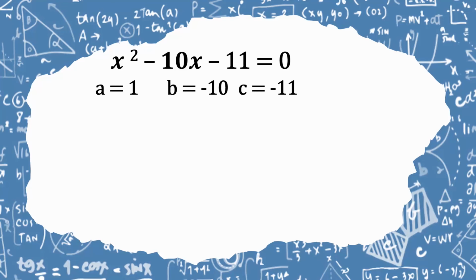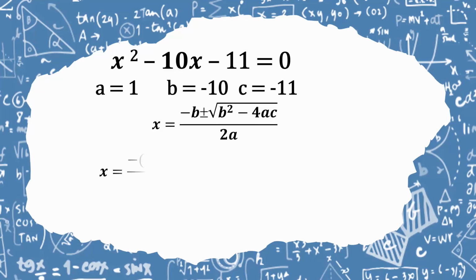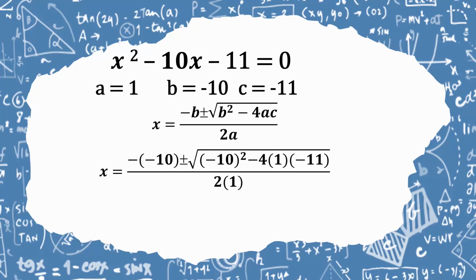In our equation, x squared minus 10x minus 11 equals 0, a is 1, b is negative 10, and c is negative 11. Substituting the values of a, b, and c in our quadratic formula, we have negative of negative 10 plus or minus the square root of negative 10 squared minus 4 times 1 times negative 11, all over 2 times 1.